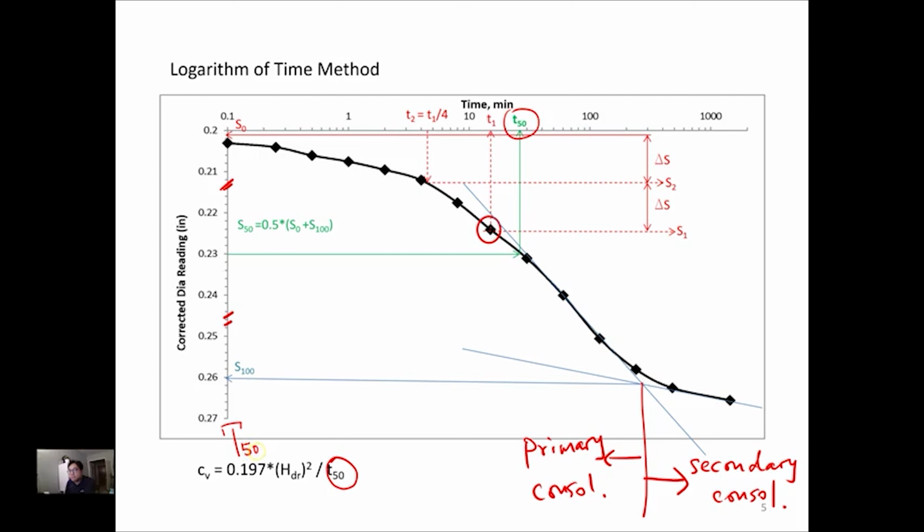So this time factor corresponds to the T50.